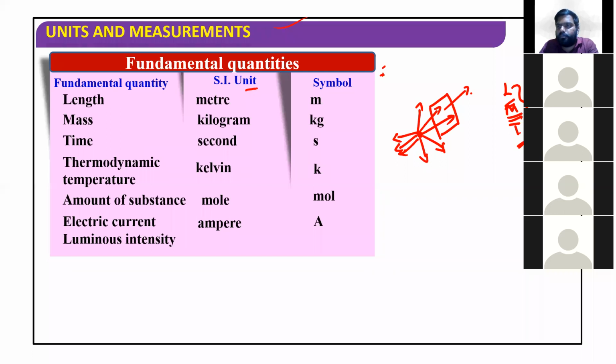Is it done? Yes, sir. For those who have written up to luminous intensity, the SI unit of luminous intensity is candela, and its symbol is cd, small c, small d.